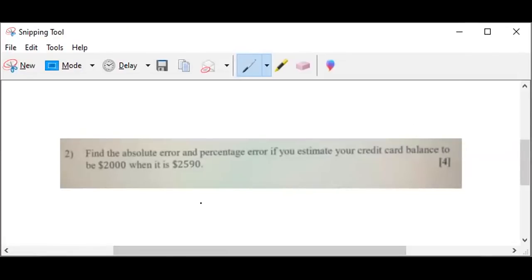So here in this case, what is approximate and what is exact? Approximate is 2000 and exact is 2590. Yeah, and what is the formula? VA minus VE.